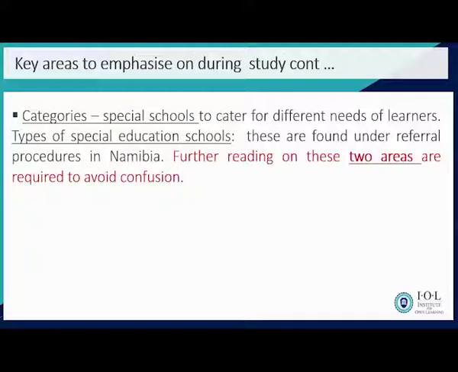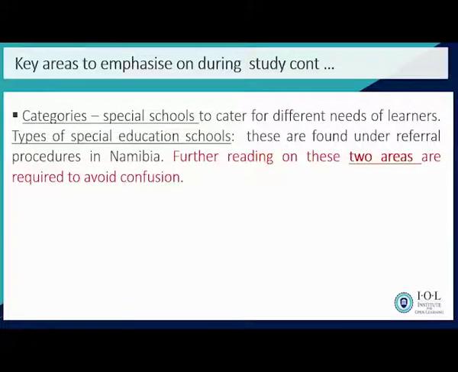We should not only stick to what we have in our study guide; we also need to go out of our way to find sources that assist us, so that we have a better understanding. Yes, you can stick to your book, but if you read more than what we have, you will definitely have more information than the limited information we have.